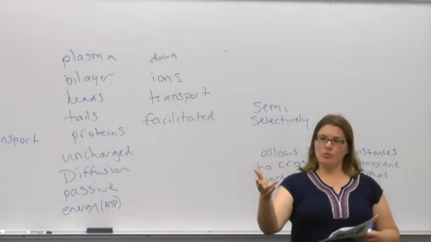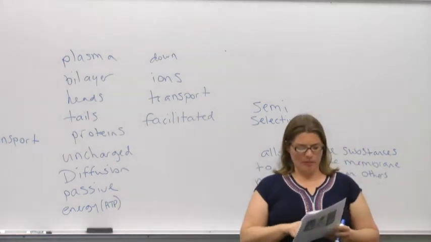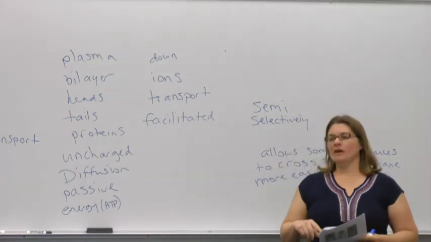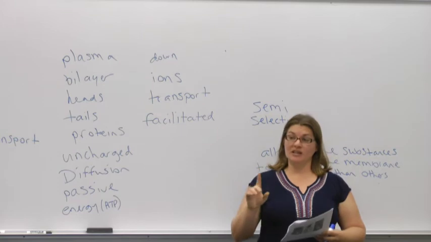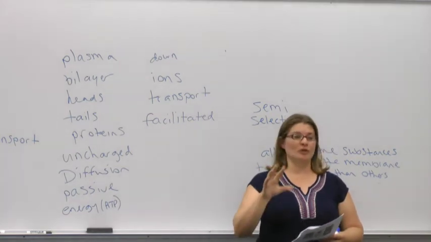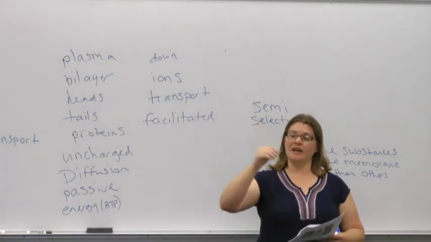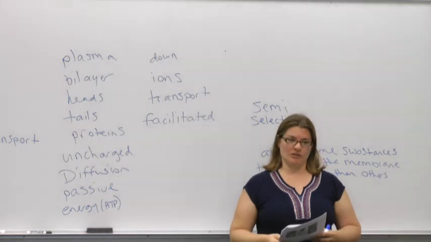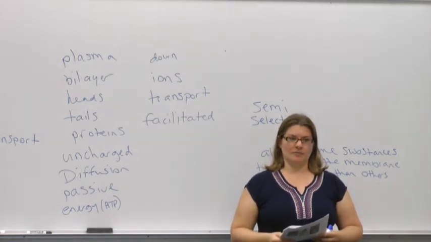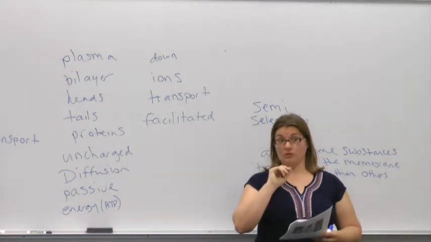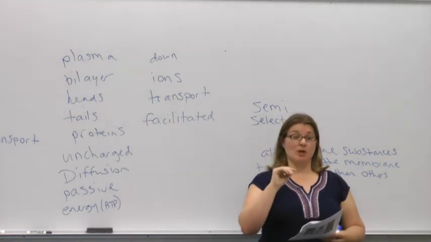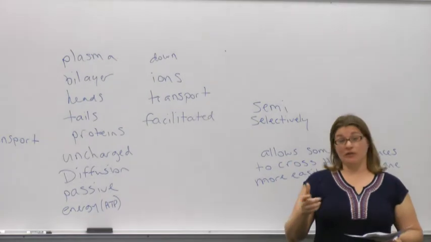With active transport, that requires energy, we're going to talk about it here on the bottom. You're moving molecules from low to high. That's the only way that you're going to need energy, is to move molecules from low concentration to high, against the concentration gradient. From low to high or high to low? From low to high for active transport. Okay, Matthew was asking me about needing energy for facilitated diffusion.